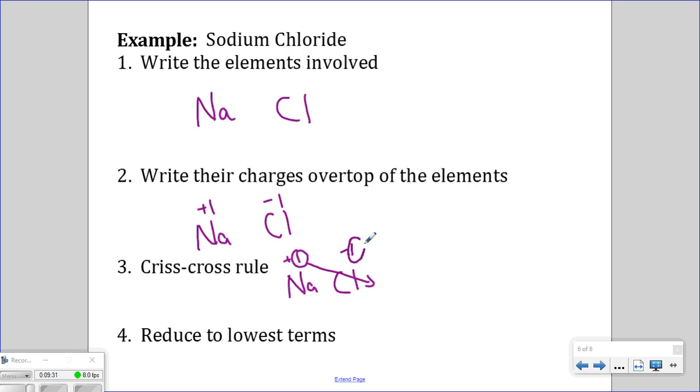We take the number above chloride, cross it over, so it becomes the subscript for sodium. And remember, we don't write subscript ones, so we get simply NaCl. And then where possible, we reduce to lowest terms. We're already in our lowest terms. So we get NaCl as our chemical formula for sodium chloride.